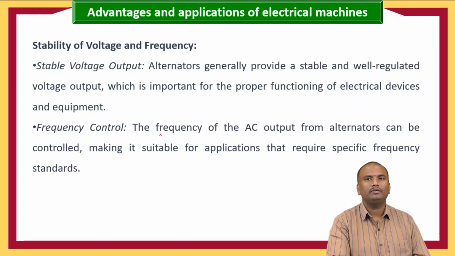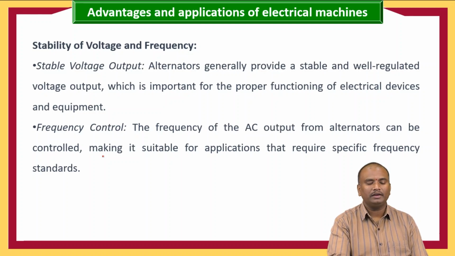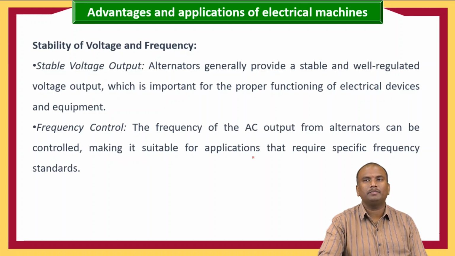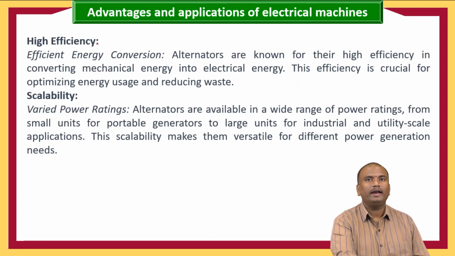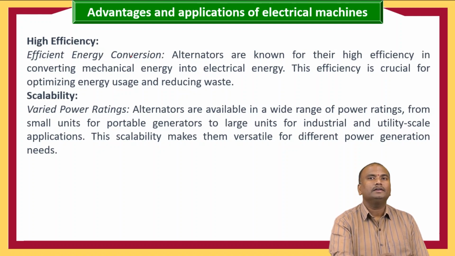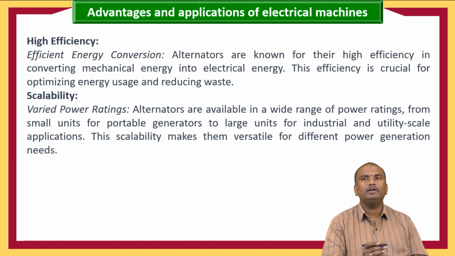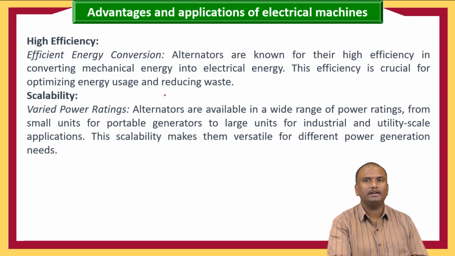So frequency control: the frequency of the AC output from alternators can be controlled, making it suitable for applications that require specific frequency standards, and high efficiency and scalability. Here the alternators have very good efficiency, because efficiency is crucial for optimizing energy usage and reducing waste.